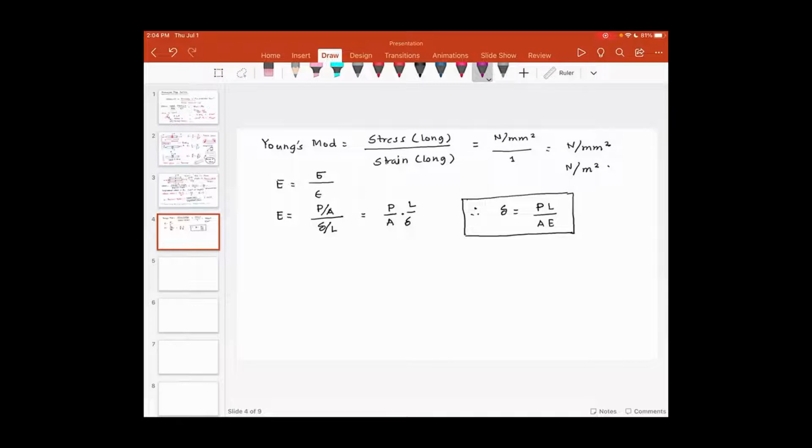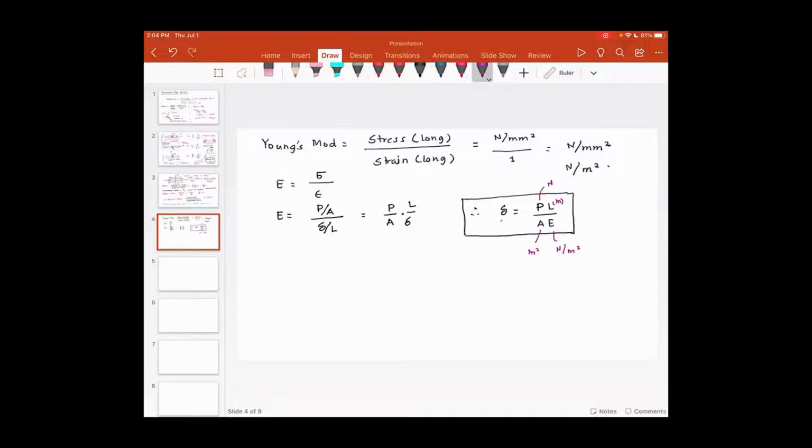One thing that I want you to observe is that the units have to be consistent. In other words, you cannot add dollars to pesos, it's dollars to dollars, pesos to pesos. Which means if length is in meters, area has to be in meter square, Young's modulus has to be in Newton per meter square, and force has to be in Newton.